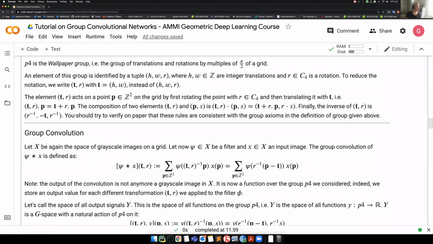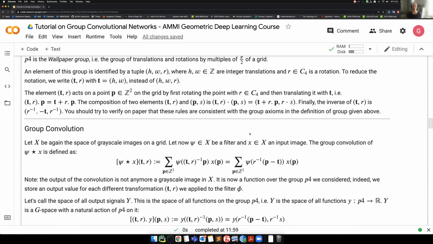So that's it. Again, try to verify this yourself. You can try to put the inverse and manually solve these elements. As I said, you can imagine this element as acting first with a rotation, then with a translation. So if you invert it, it's like the property before: the inverse of A times B is equal to the inverse of B times the inverse of A, and then you can find this equation.